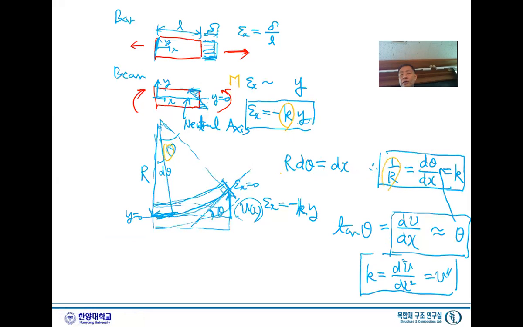So that we'd like to find. So the input is moment, and what we'd like to find is K. K is unknown. Curvature is unknown. We don't know how much it bends. Similar to this, let's take a look at the shaft. When we apply the torque, we don't know how much it rotates, right? But that will be the result. So in this case it's the same thing: the rotation or curvature will be the output. Okay.